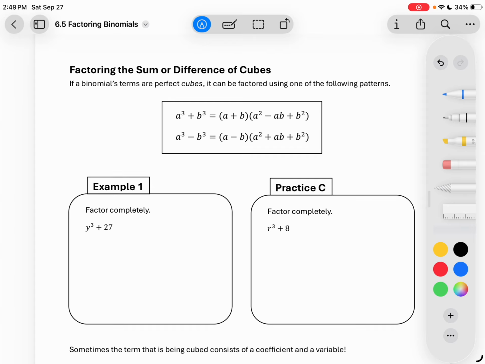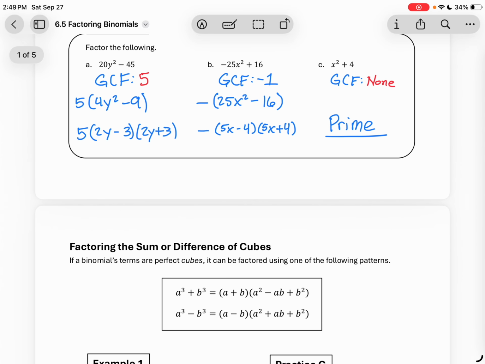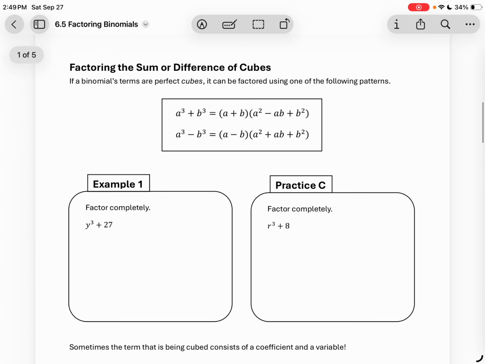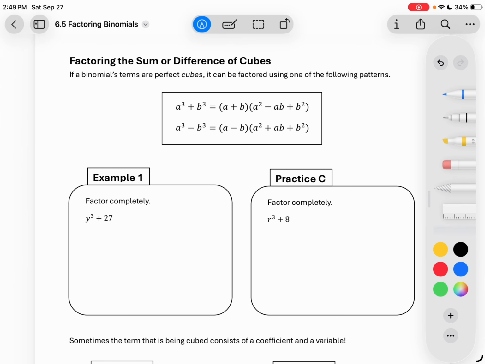Okay, so even though, as we mentioned in the last problem C, where it was x squared plus 4, and we identified that you can't factor a sum of squares, you actually can factor a sum of cubes, and you can factor a difference of cubes.